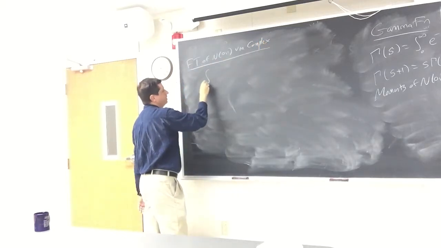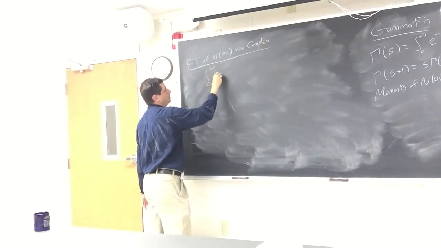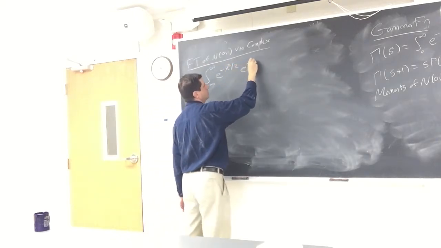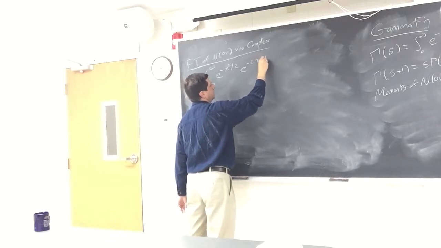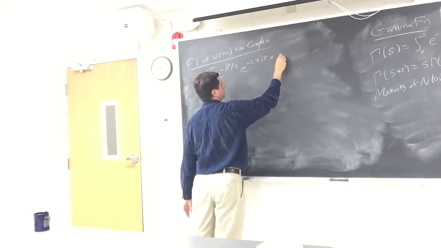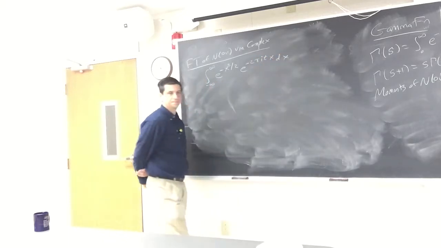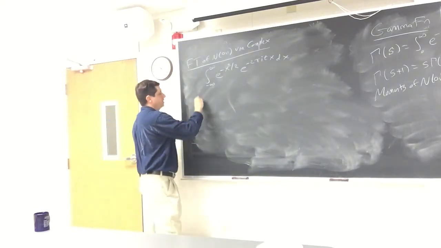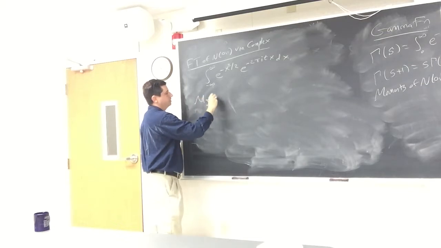So we need to integrate from minus infinity to infinity of e to the negative x squared over 2, e to the negative 2 pi i t x, dx. What we're going to look at instead is what's called the moment generating function.